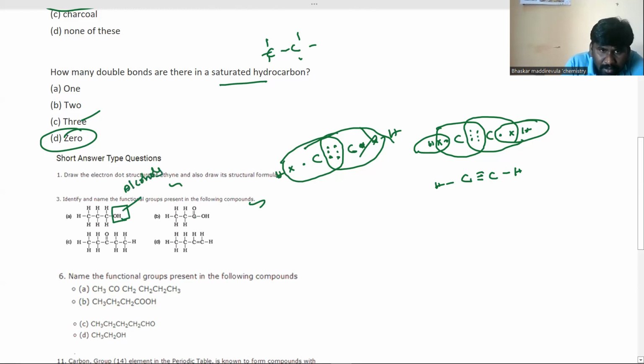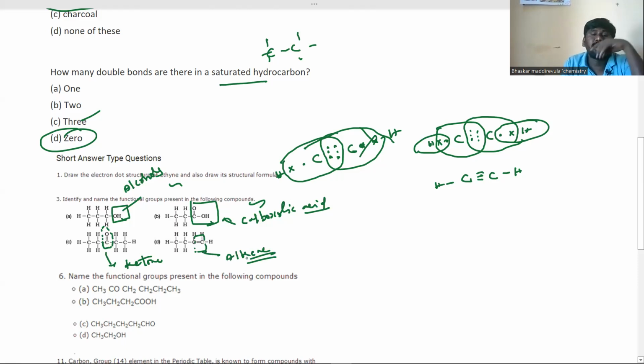Here you have C double bond OH, so this is the carboxylic acid functional group. Here you can see C double bond O; it is a ketone group. And here, what is the functional group? A double bond, which means alkene.